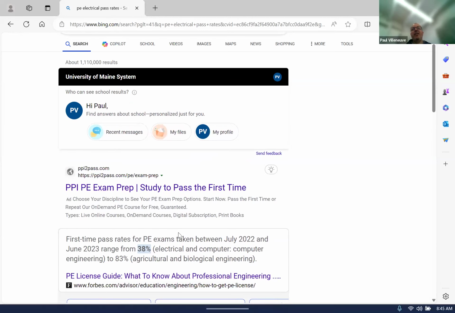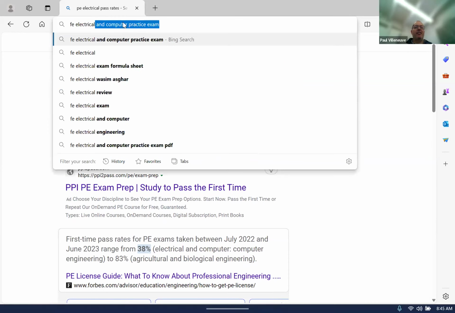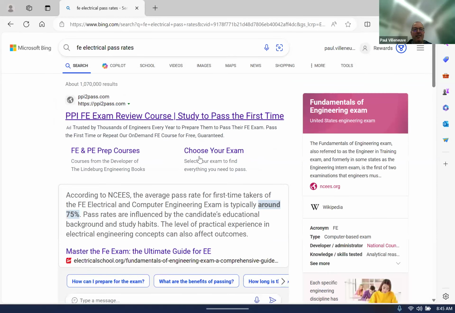So if you figure the PE, let's just say it's 1 in 3, and this is 3 out of 4 who pass the FE. So let's say 100 people graduate. 75 people pass the FE, and of that 75, 25 will be able to pass the PE.